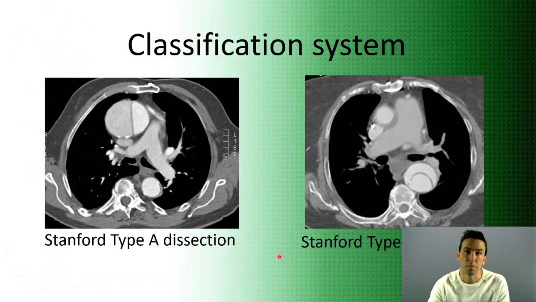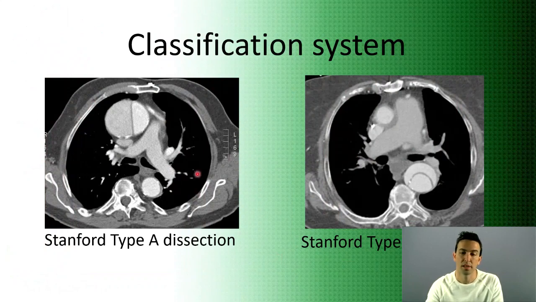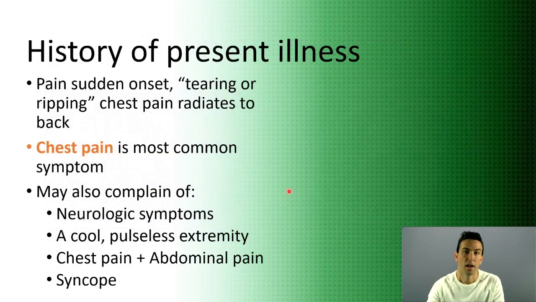You might get a picture on the exam. So here you have a Stanford type A dissection here at the ascending aorta, and here on type B, the descending aorta through here. How do these patients typically present? So again, kind of going back to our question stem, it'll be a sudden onset of pain.